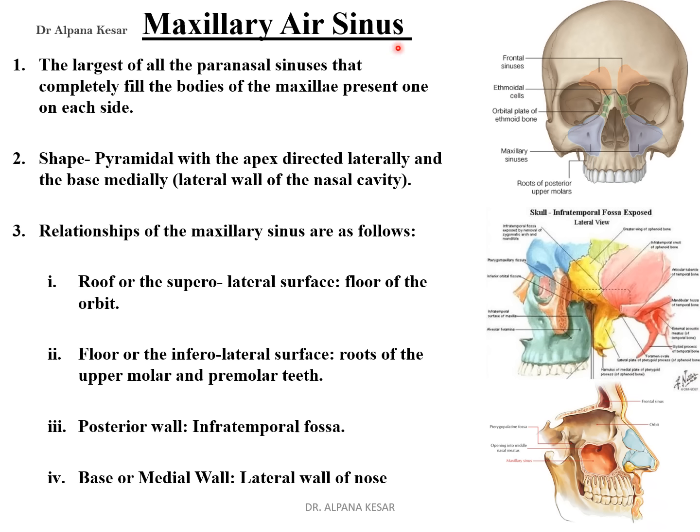Maxillary air sinus. There are 4 paranasal air sinuses, out of which maxillary is the largest air sinus. It is a paired sinus which is present one on each side in maxilla. Maxillary air sinus completely fills the body of maxilla.